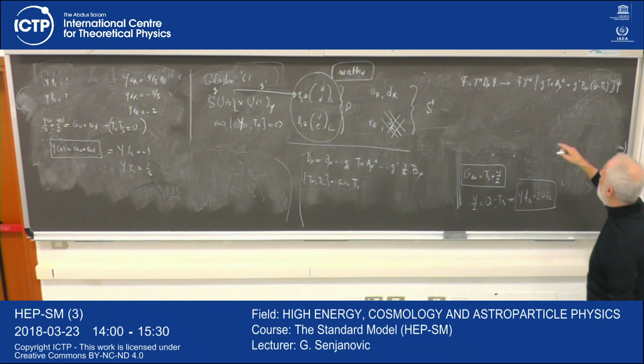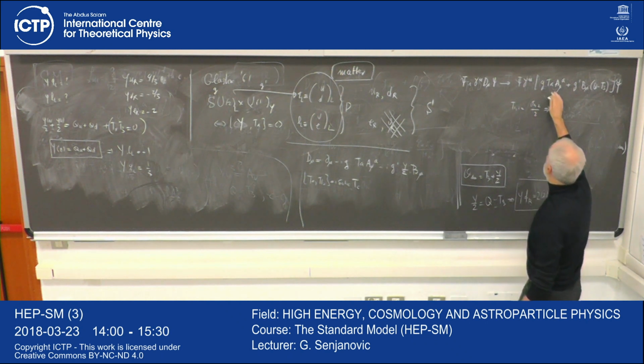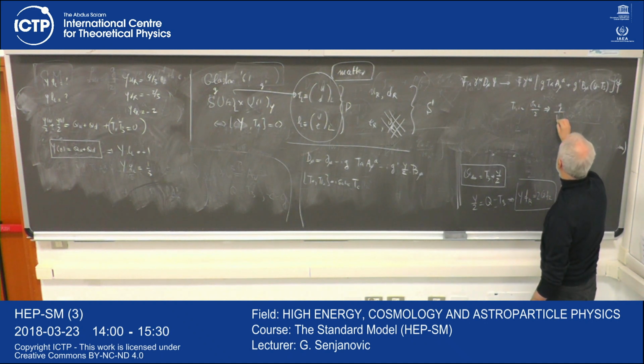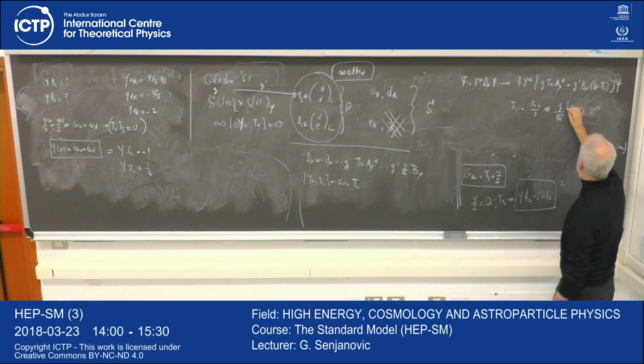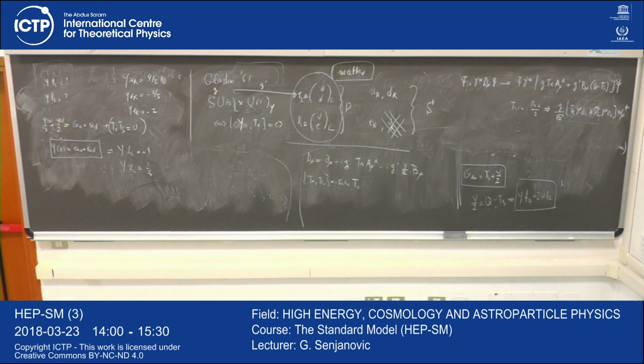So what we said here, T12 being sigma 12 over 2, gave me immediately the off-diagonal piece, and that produces g over square root of 2, nu up gamma mu down, W mu plus. So in other words, let's be more complete and write it down. There will be nu L gamma mu eL, just for the sake of completeness.